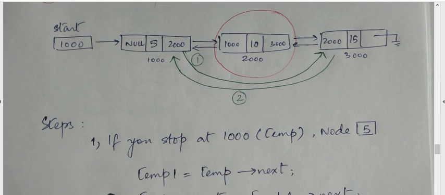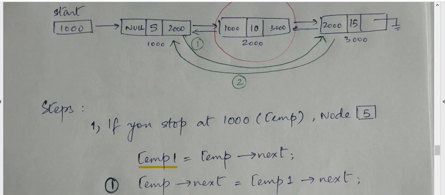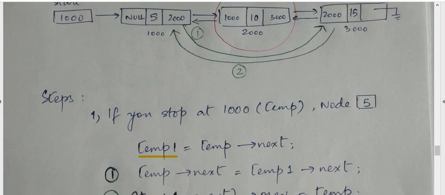So if we stop at node 1000, that is, we are stopping at a node which comes before the node I have to delete, we first save the value of the next, which is 2000, in temp 1. Then we make the two pointer changes which I have labeled 1 and 2. So temp to next is temp 1 to next.